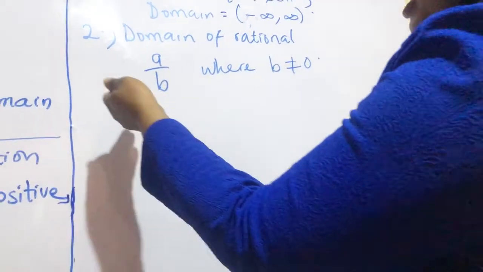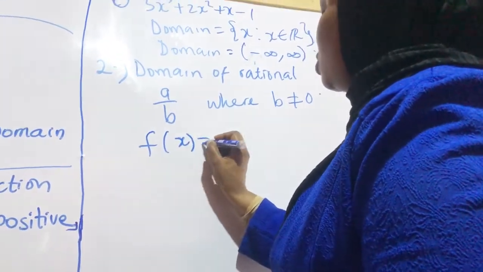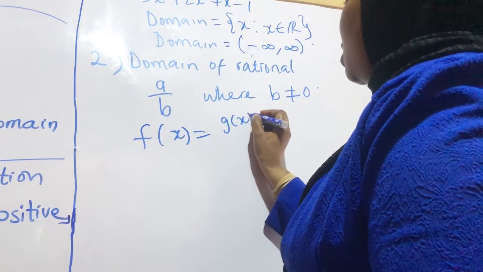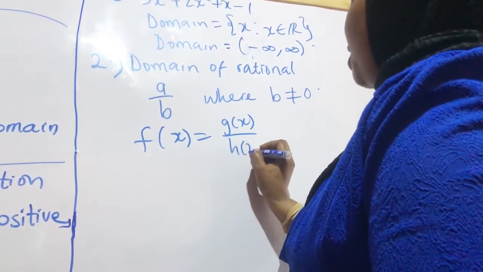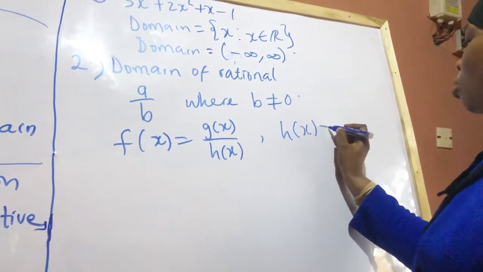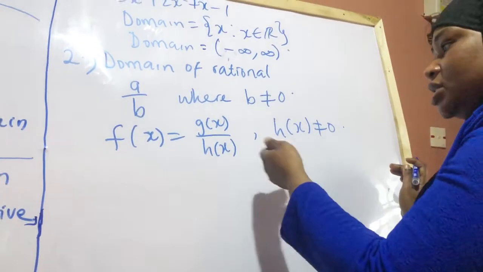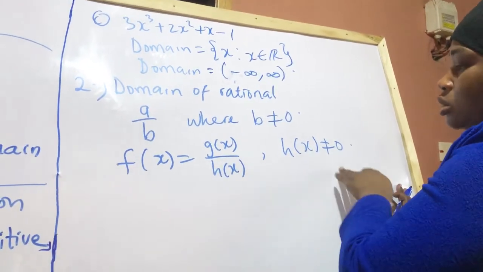So if we have a function in the form of a fraction, let's say g of x divided by h of x, this h of x, that is the denominator, must not be equal to 0. For f of x to be defined, the denominator must not be equal to 0.